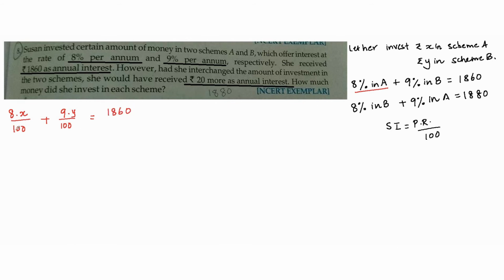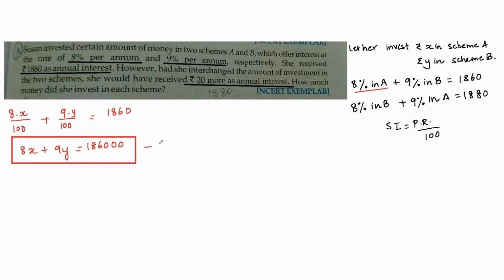Don't try to simplify 8 and 100, just take the LCM as 100, shift it to the other side. So you get 8x plus 9y is equal to 1860 followed by 2 zeros. This is therefore my first equation.